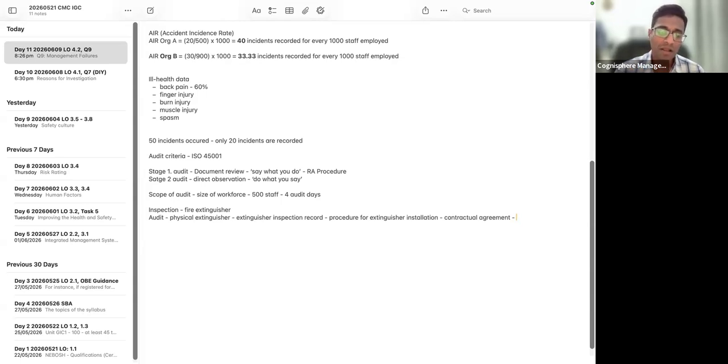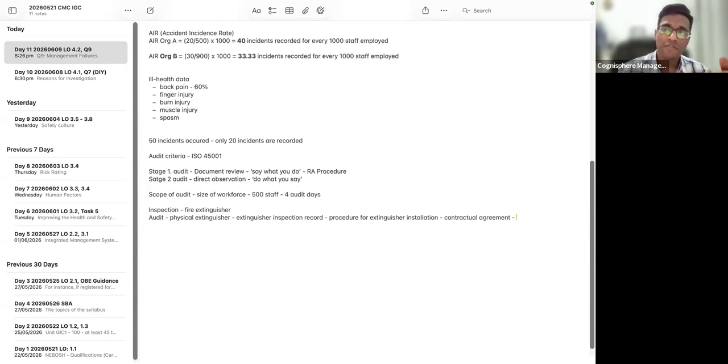So you could see, as part of an audit, from A to Z around the extinguisher, I would be checking. I would check the daily inspection record of the fire extinguisher. I would check the quarterly or the 6 monthly inspection maintenance record of the extinguisher. And then I'll check who is the supplier of the extinguisher, and your contractual agreement with that supplier. And then what is the procedure that you have for the inspections or for the fire extinguisher installation?